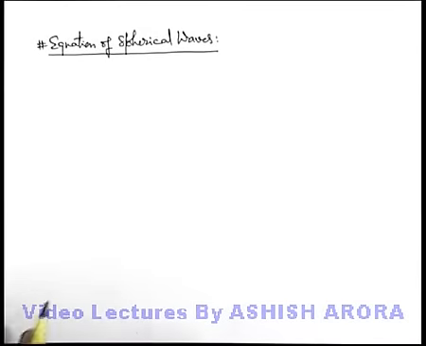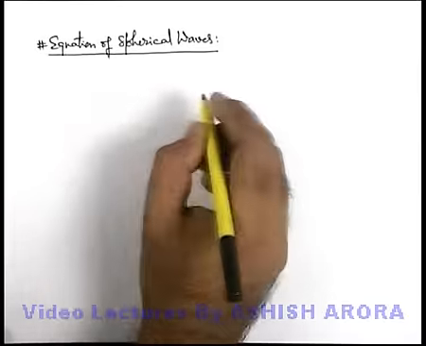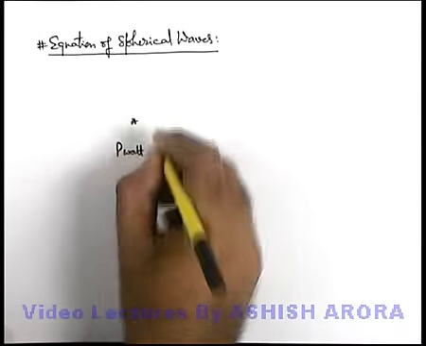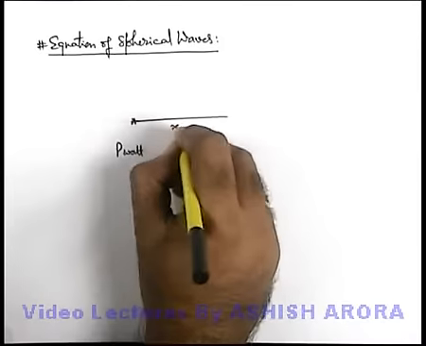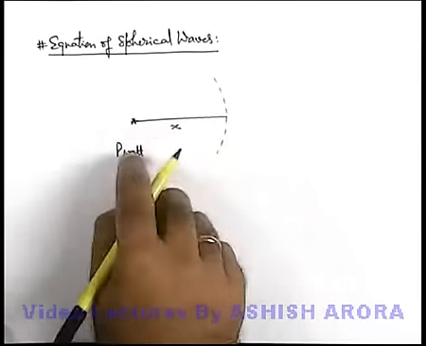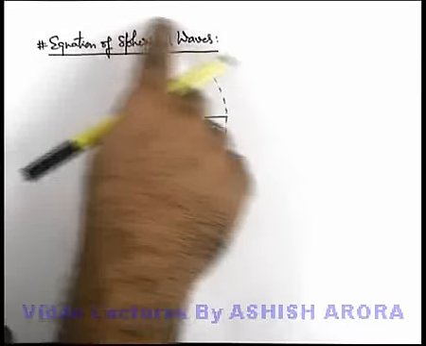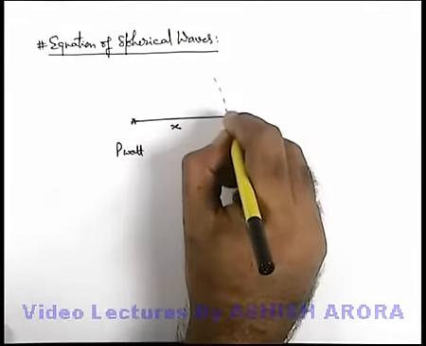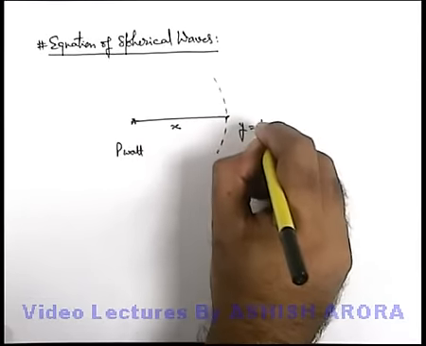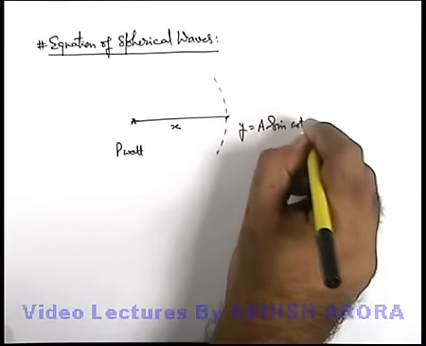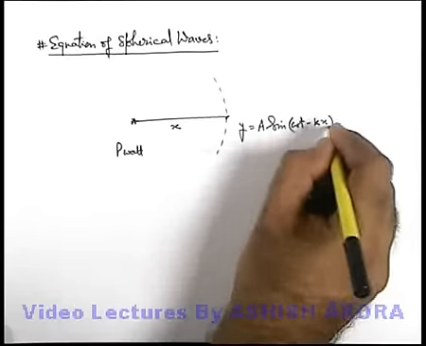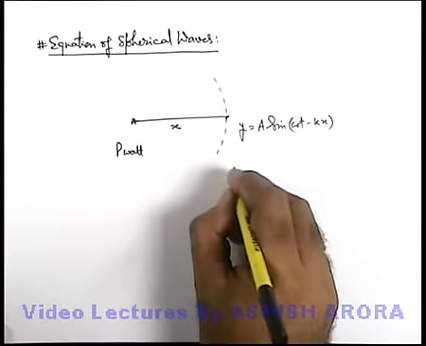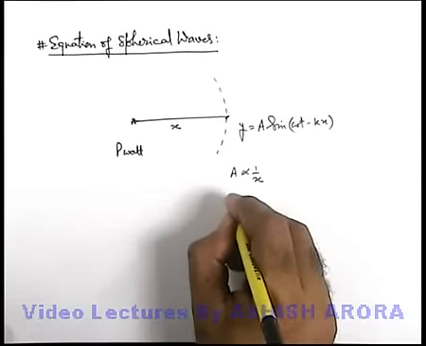If we write down the equation of a spherical wave, we can comfortably write it as follows. If there is a point source having power P watt, we already discussed that at a distance x from the source, the whole energy will cross through a spherical surface of area 4 pi x square. At this point, the equation of the wave we can write as sine of omega t minus kx, where x here is the radial distance from the point source. And we know that the amplitude is inversely proportional to x.